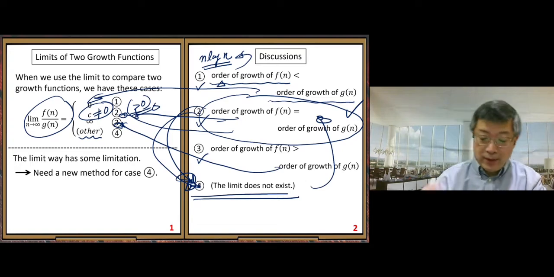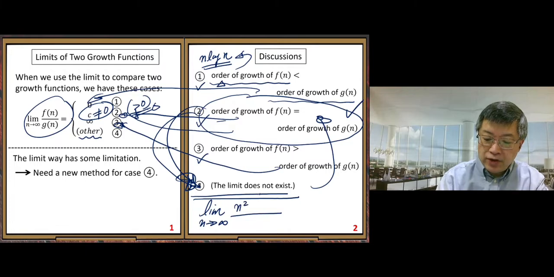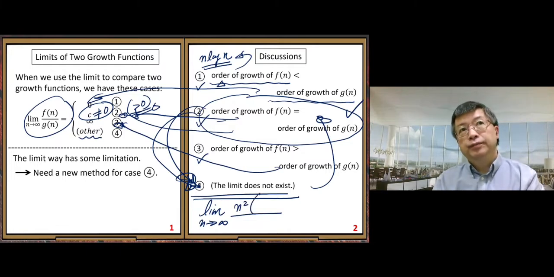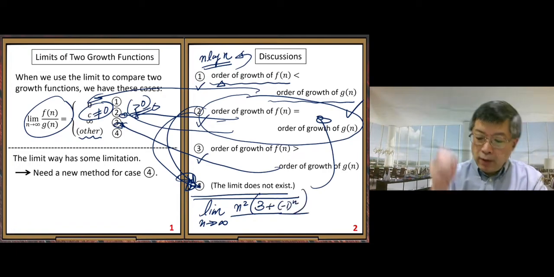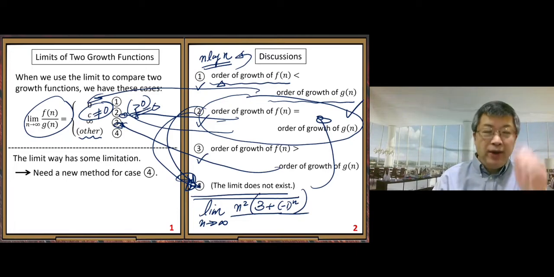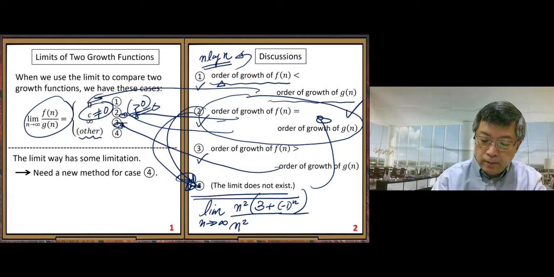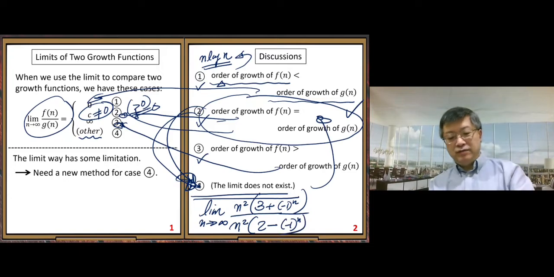Consider the ratio of these two functions. N squared in the numerator, and this function in the denominator.